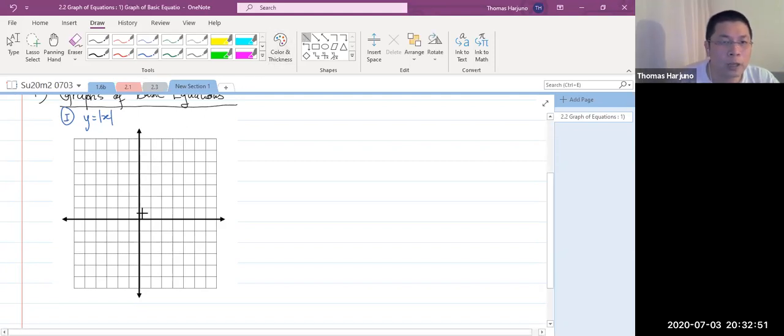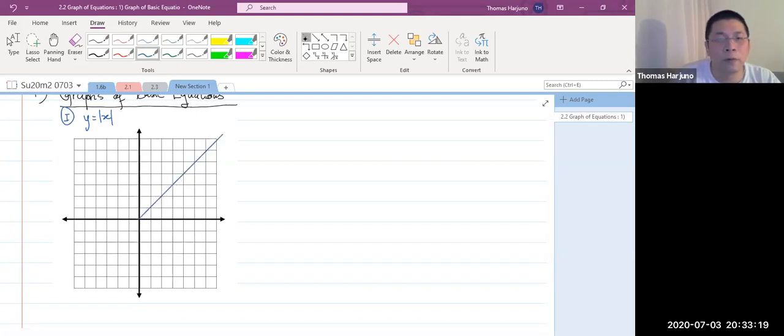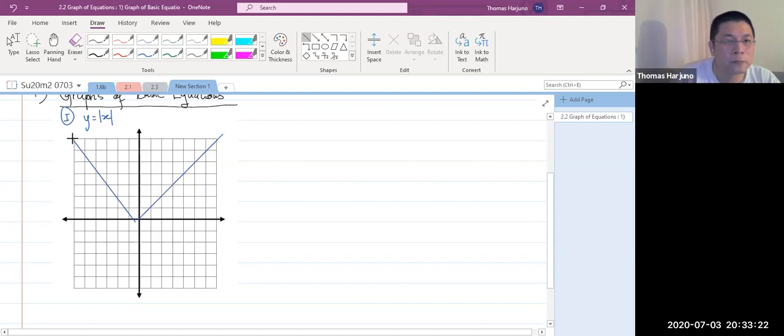The graph of absolute of x is a V shape, 45 degrees to the right from the origin, and 45 degrees to the left. So it looks like this.